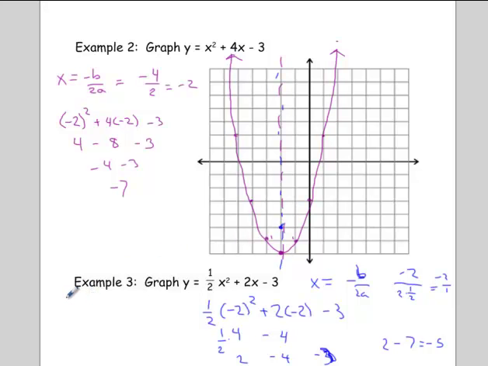Then A is 1/2, so I'm going to go 1, 3, 5, and then multiply by 1/2 each time. 1/2 of 3 is 3 halves, and 1/2 of 5 is 5 halves. So I'm going to go over 1 and up 1/2.